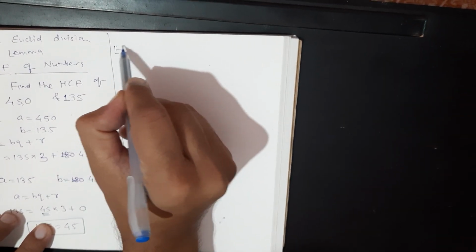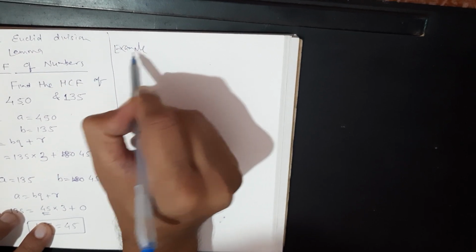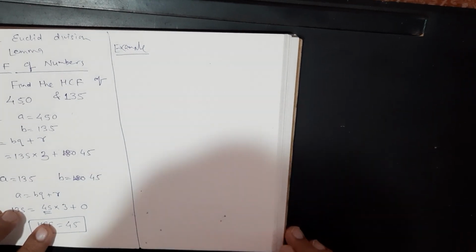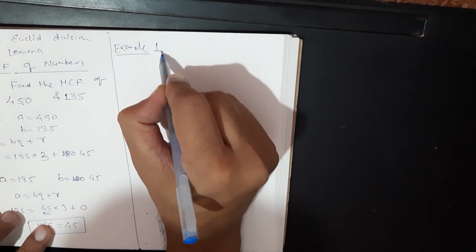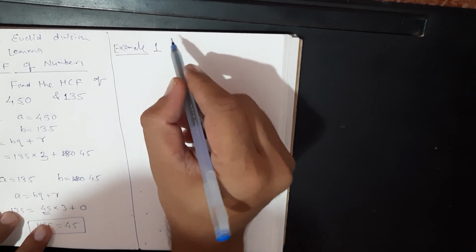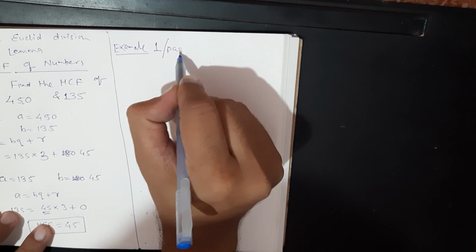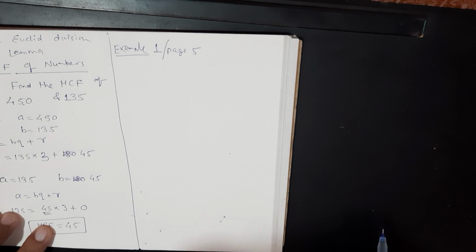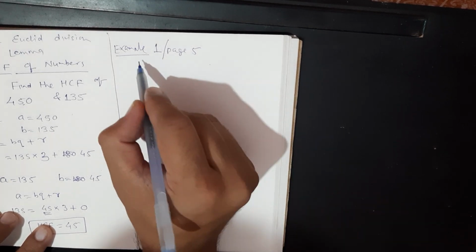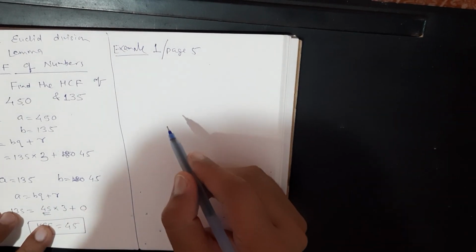Let me take one more example of the book. If you have the book with you, you can see page number 5, example number 1. You can also open the book.